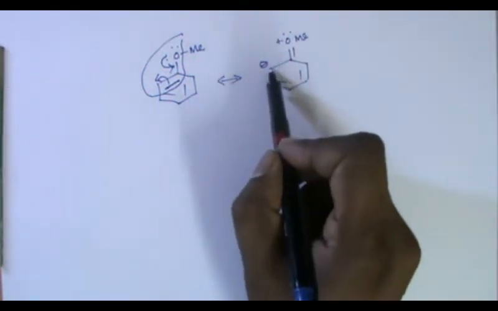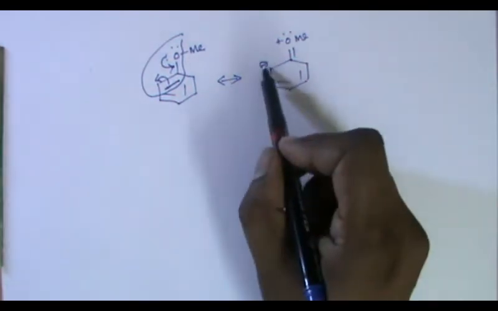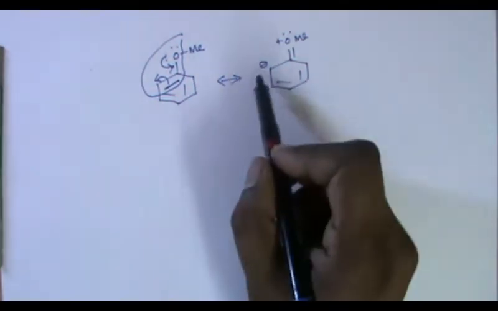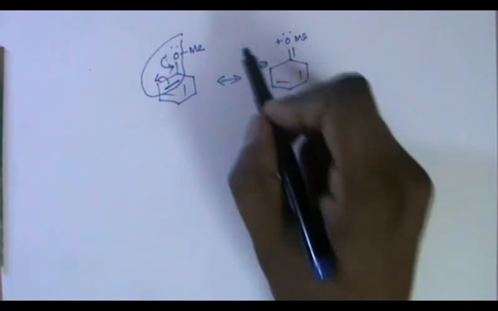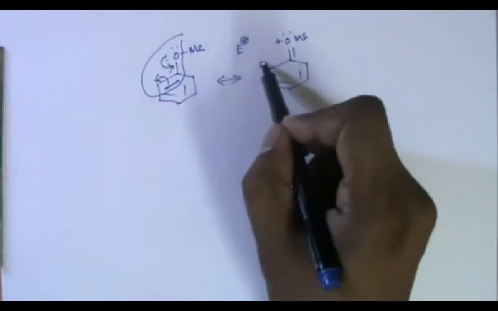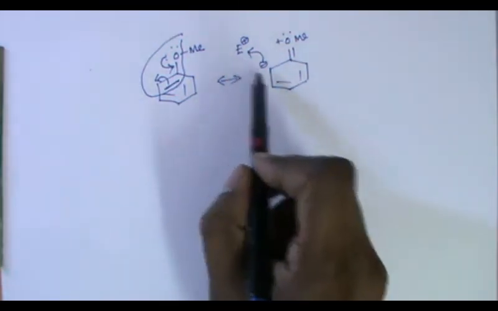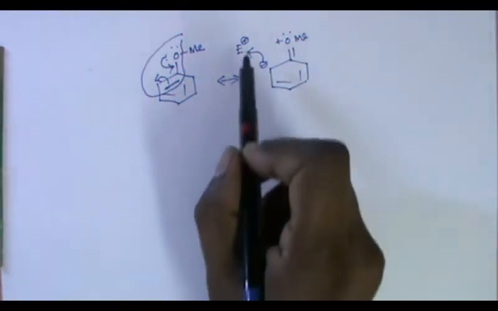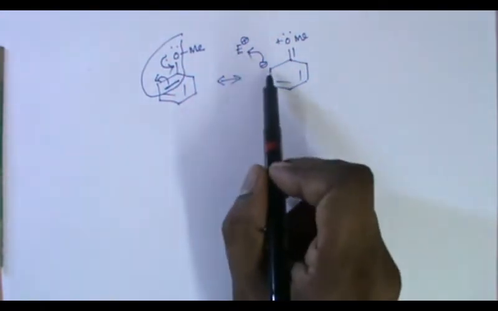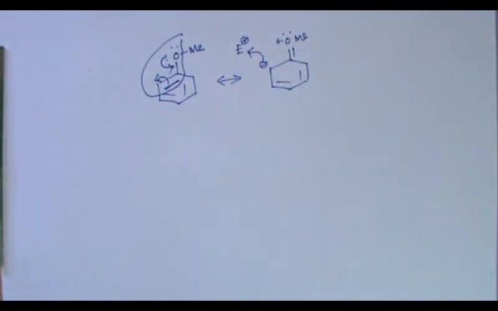Now this carbon has minus charge, so it is more nucleophilic. It can attack an electrophile very easily because this is minus and plus. So we can get a product in which the electrophile is substituted on the ortho carbon.